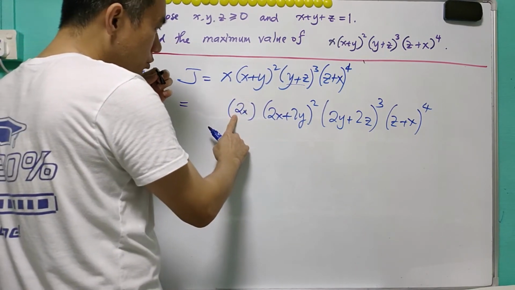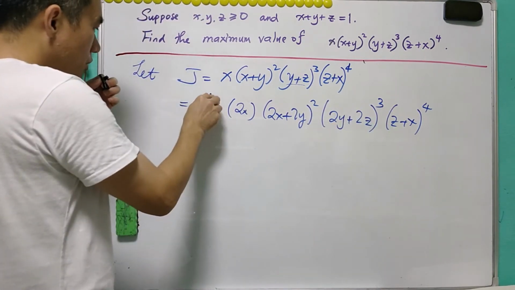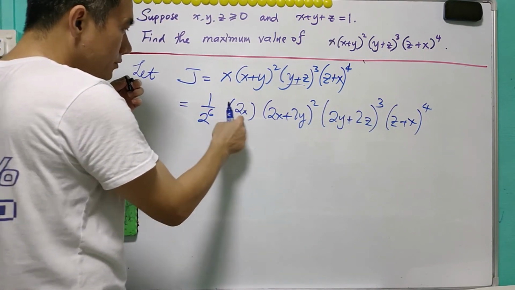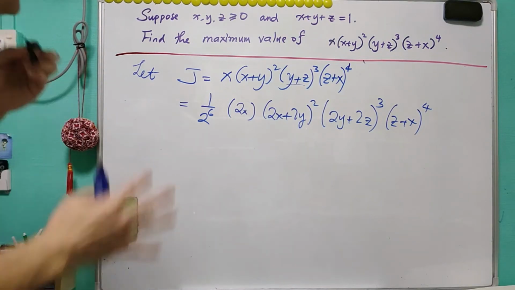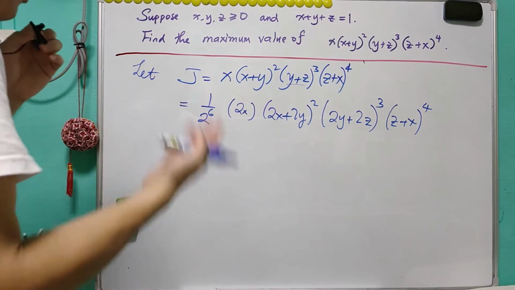We have 2 power 1, 2 power 2, and 2 power 3. So we need 1 over 2 to the power of 6. Okay, now we are ready to use AM-GM once and for all.